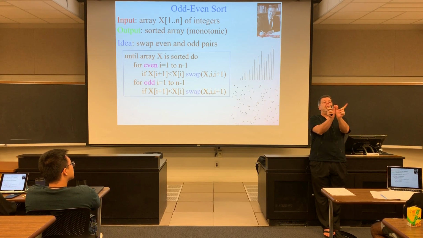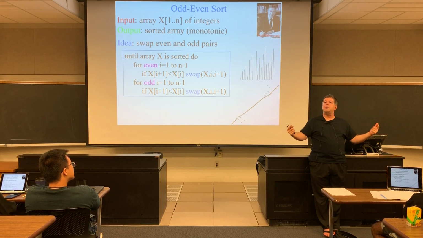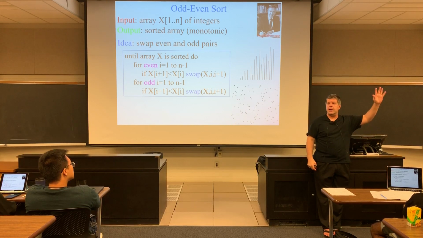But if you swap an even pair and an odd pair, one processor may want to do this, and one processor may want to do that, and then you can get inconsistent clashes and even overwriting and weird behavior, error conditions of all kinds. But if you swap pairs, you can do them without interfering with the other pairs as long as you alternate even, odd, even, odd. How many understand that?